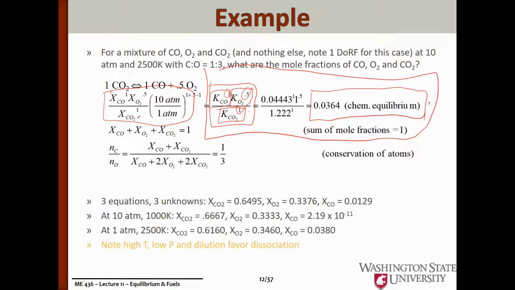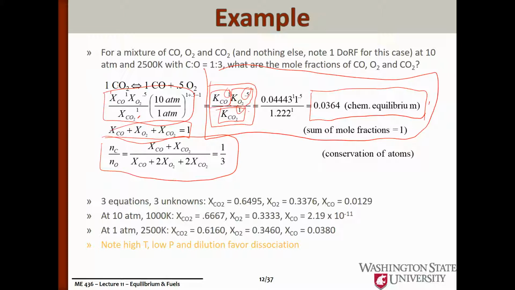And to do that, I need to have that the sum of the mole fractions is equal to 1, and I need the mole fraction of carbon and oxygen I started with. So if I happen to start with 1 CO2, I have 1 carbon and 2 oxygens. Let's imagine in this case I started with 3 oxygens for every carbon, so I didn't start with all CO2.